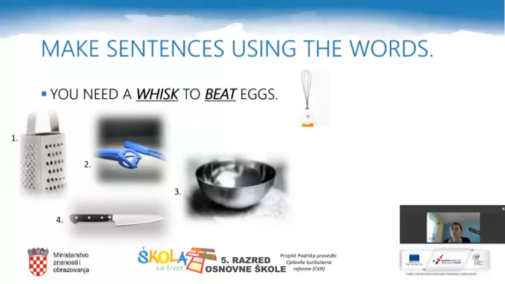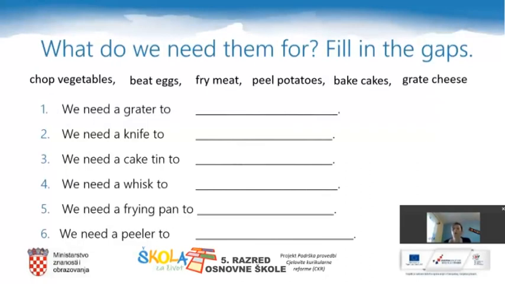Chop onions, to slice cheese, or you can chop vegetables. So try to use all cooking tools that you have learned today to make sentences using that word. So what do we need them for? Now I have one task for you. Copy these sentences into your notebooks and fill in the gaps.